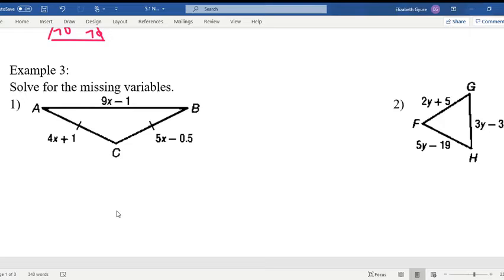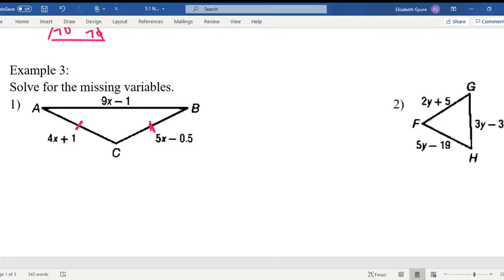No, but the isosceles part's going to be important, because doesn't that tell you these two sides here are congruent? Right, and when things are congruent, we can set them equal. Does this 9x minus 1 really help us in this problem? No, because AB, it's doing its own thing. Yeah, it's labeled, and that's great, but it doesn't actually help us.